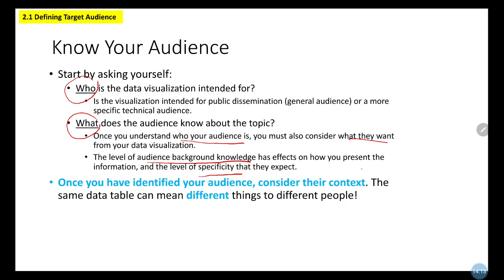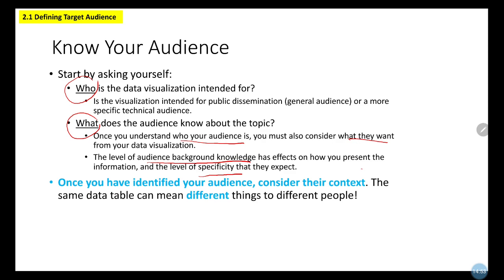Because you must remember, our main objective is to make sure that all the requirements of our audience can be presented in the visualization that they want. So you have to capture all the information, digest it, and use it wisely to produce a good visualization, so that they can appreciate the information. So we have to know what they want.